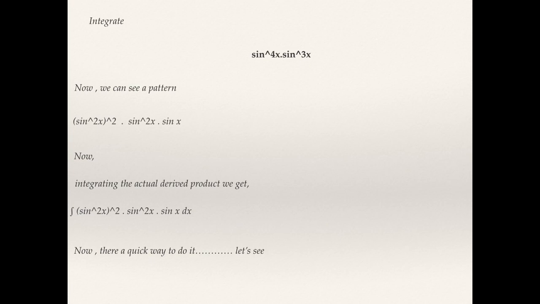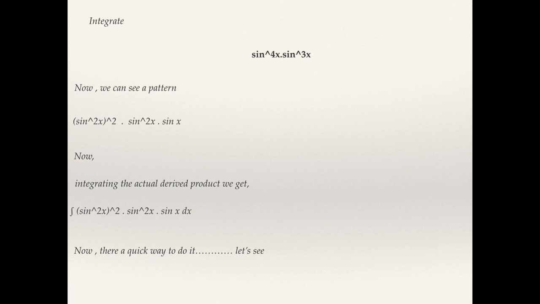Sine to the power 4x can be written as sine squared x whole squared, which is written in the second line. Then we have sine squared x whole squared times sine squared x times sine x.